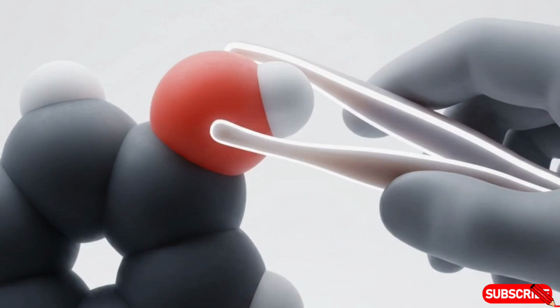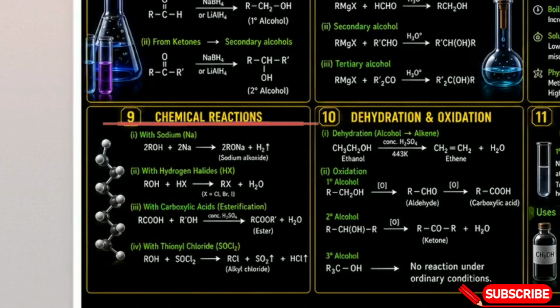That same polarity makes the hydroxyl group a perfect reactive handle for chemists to grab and manipulate. Taking a look at panel 9, we see foundational substitution reactions. We can react an alcohol with sodium, substitute the hydroxyl group using hydrogen halides, or use thionyl chloride to form entirely new alkyl chlorides.